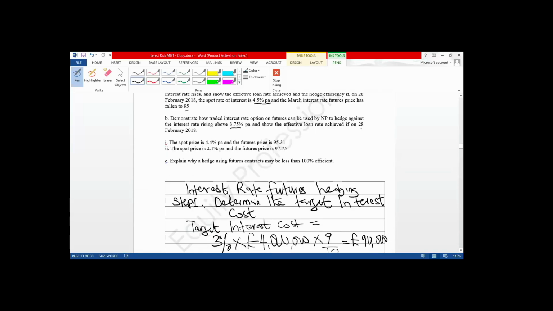Examiner says if on 28 February, the spot rate is 4.4%. Scenario 1. Future is this. I'll come back to this. Scenario 2. Spot rate is 2.1%. That is the actual borrowing rate. Now come here.